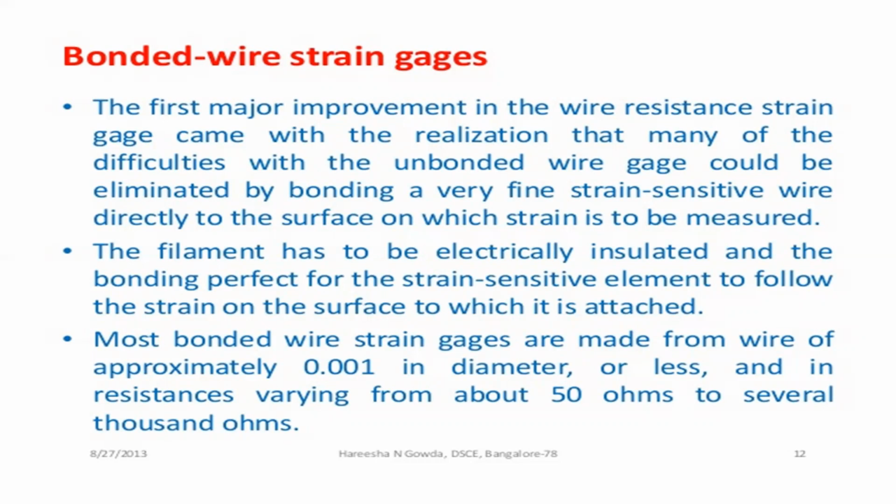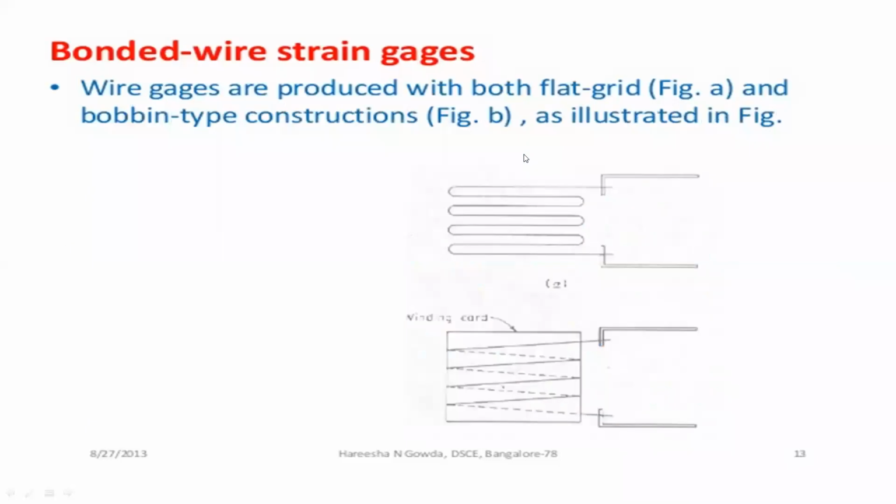The diameter is very small, and the resistance varies from about 50 ohms to several thousand ohms. That is the main advantage of the bonded wire strain gauges.